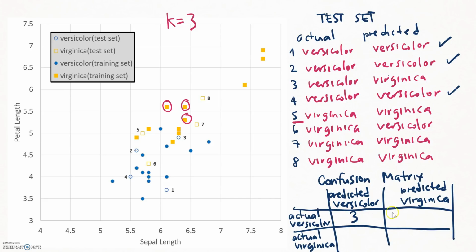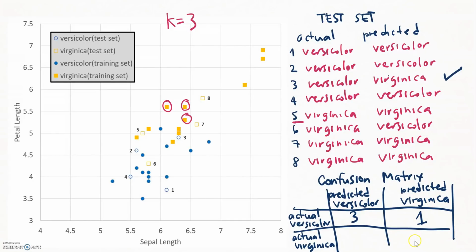Next, in this cell, we are summarizing how many records have actual classification of versicolor but have been predicted to be virginica. Let's rub off the ticks here. In this case, we find that only record 3 meets the description, so we have only one record that is actual versicolor but predicted to be virginica.